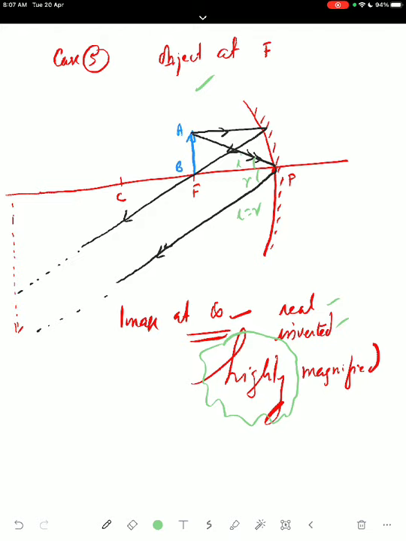Now, next one is case 6, when the object is again coming closer to the mirror, very close in front of the mirror, between F and P. Then what will happen?